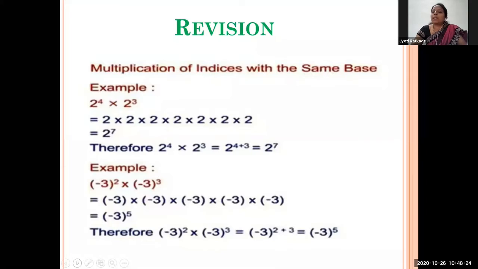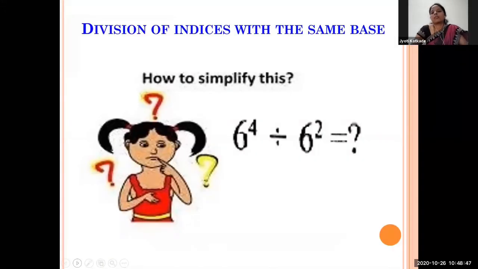According to the multiplication law of indices, we get minus 3 bracket raised to 2 into minus 3 bracket raised to 3 is equal to minus 3 raised to 2 plus 3. We get minus 3 raised to 5. See next. These are the examples depending upon the multiplication rule.